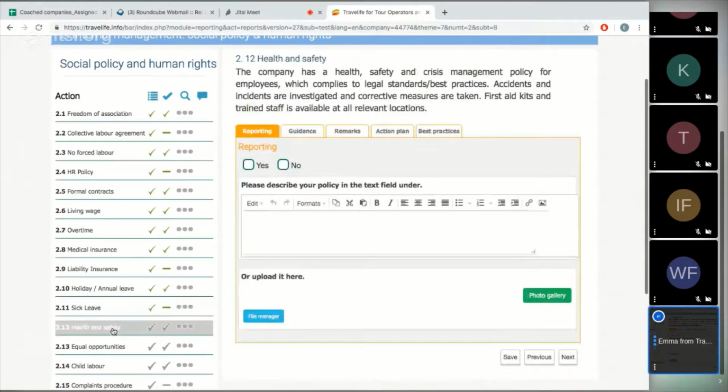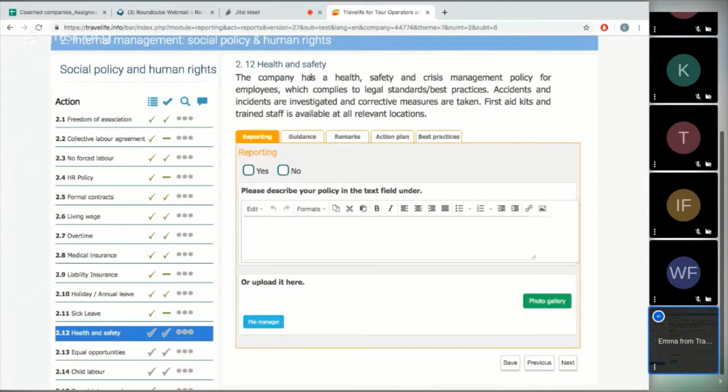Then health and safety. So this is mandatory to comply with. We would like to see that your company has a health, safety, and crisis management policy for employees, which complies again with legal standards or best practices. So accidents and incidents are investigated and corrective measures are taken.